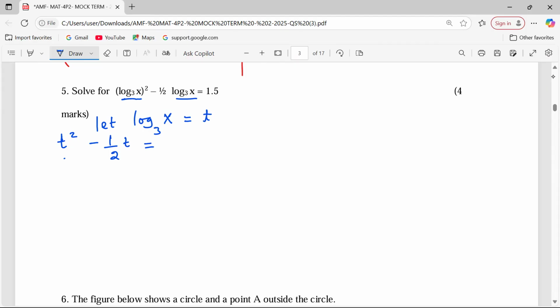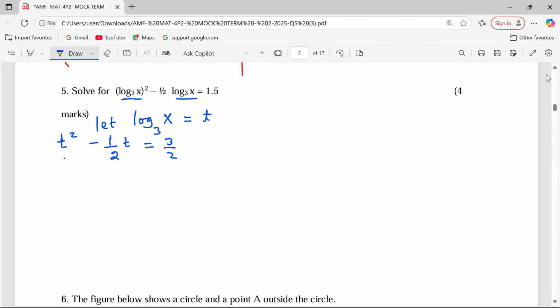We can have it as 1.5 or 3 over 2. It's all the same. We can multiply through by 2 to do away with fractions, or depending on the formula we would like to solve the quadratic equation with, we can just leave it that way. If I choose the completing square method, I would prefer it this way.